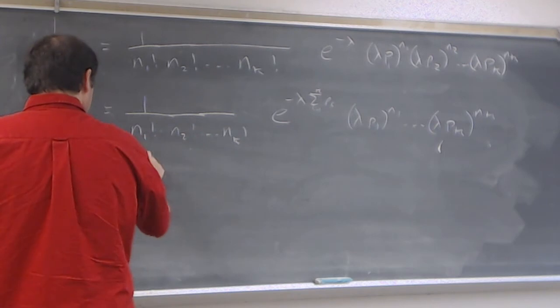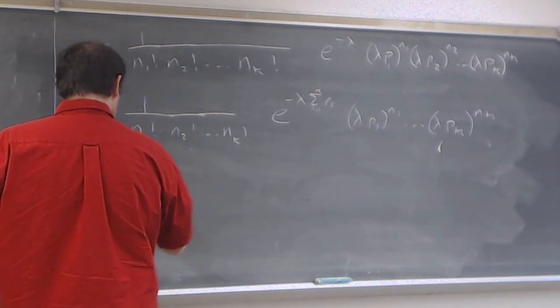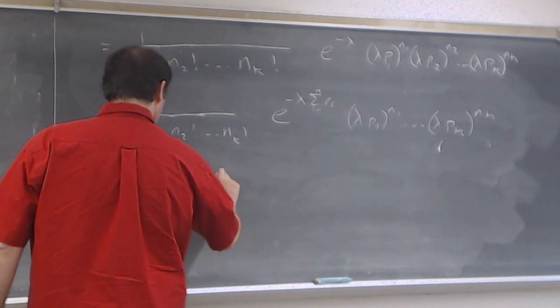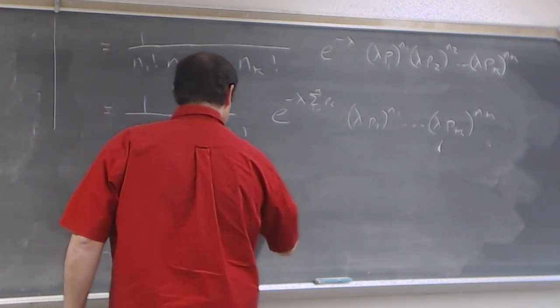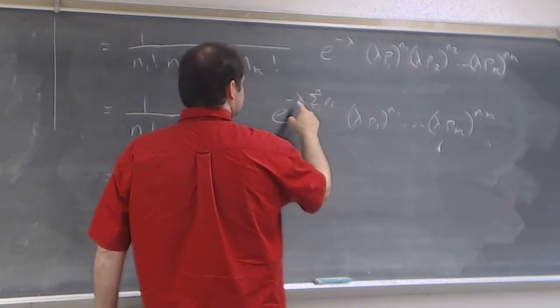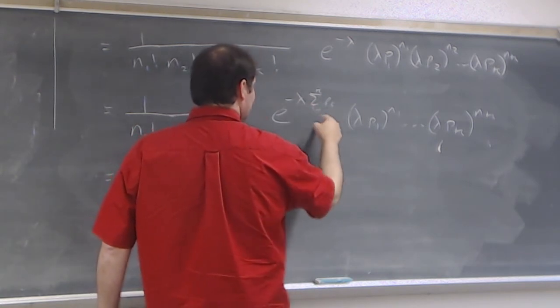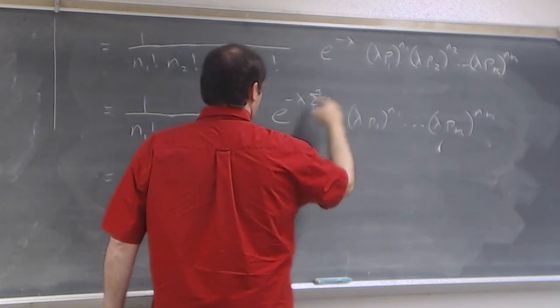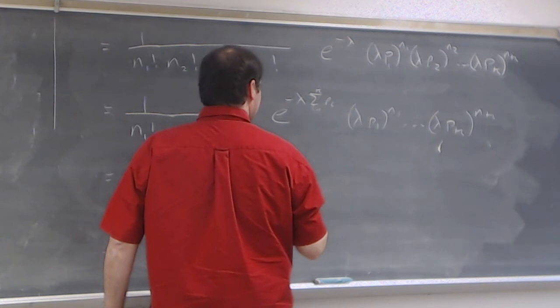And so here, this is 1 over n sub 1 factorial, 1 over n sub 2 factorial, times 1 over n sub k factorial. Here, this will be e to the minus lambda p sub 1 plus lambda times p sub 2, I should say minus lambda p sub 3.